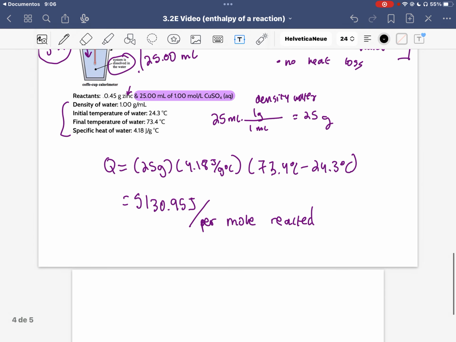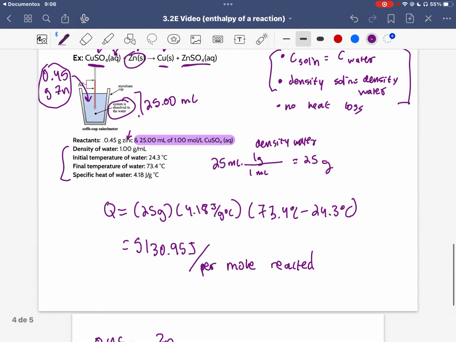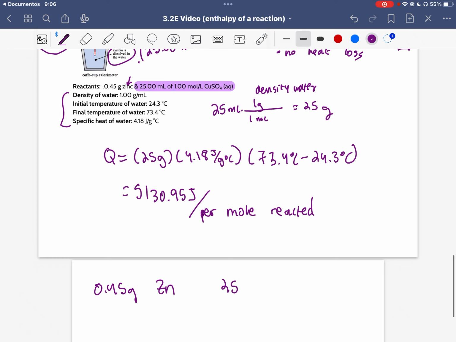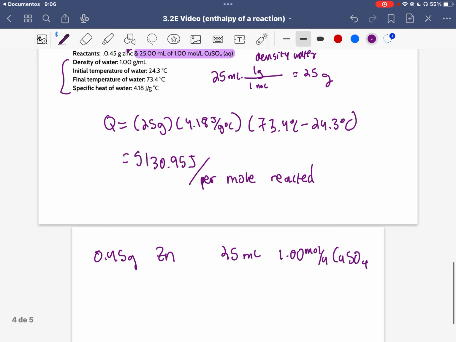I know about the zinc. I have 0.45 grams of zinc, and I have 25 milliliters of 1 molar, 1 mole per liter, CuSO4. And I also know this reaction, CuSO4 plus zinc yields zinc plus copper.